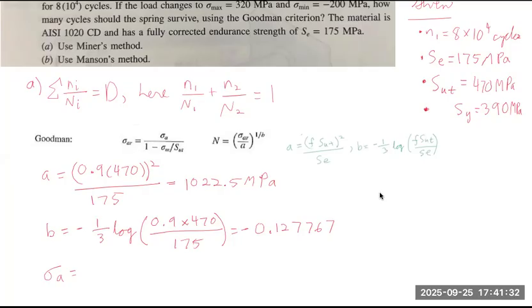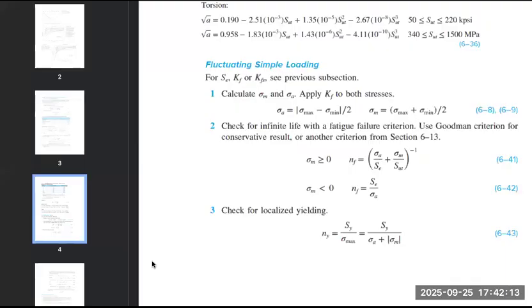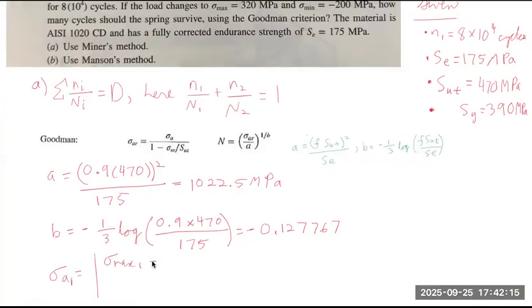But sigma A, or we'll call it sigma A1, equals the absolute value of sigma max 1 minus sigma min 1 over 2, and we take the absolute value of that.